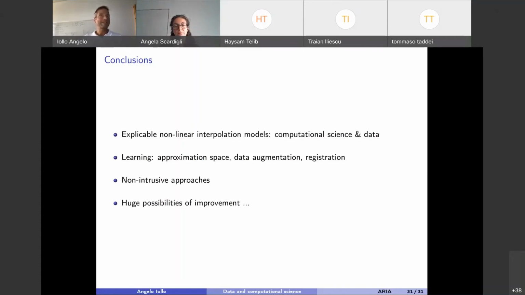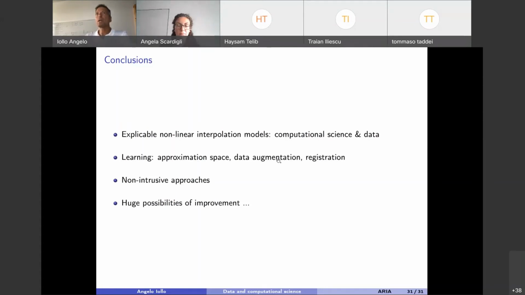Of course, these are, let's say, conceptual results. There are huge possibilities of improvement and huge possibilities of using it, in the sense that, as I was saying, we can use this approach to have a reference approximation space, by learning the approximation space, or just improve the snapshot database by using, let's say, data augmented snapshots.